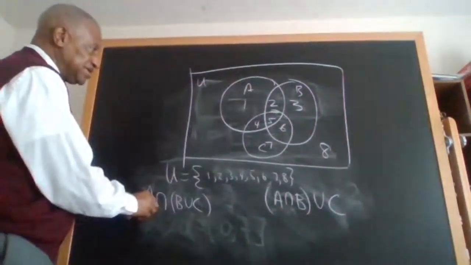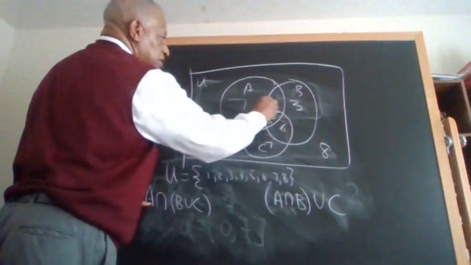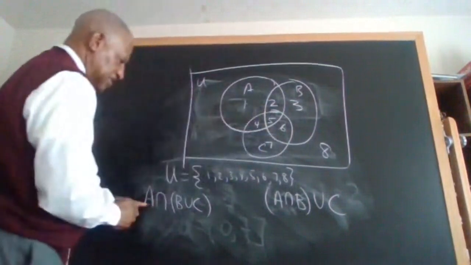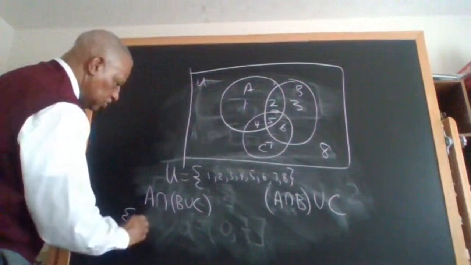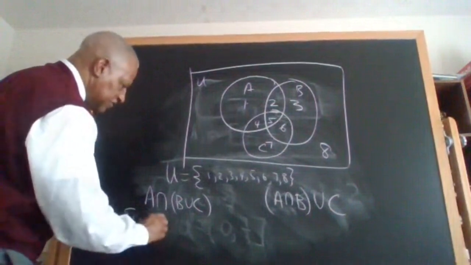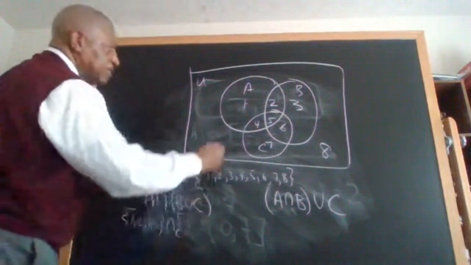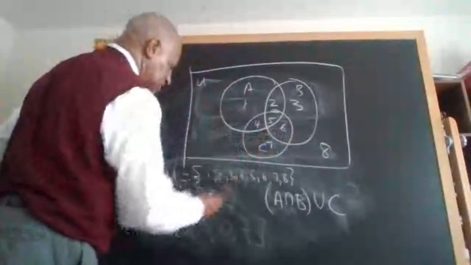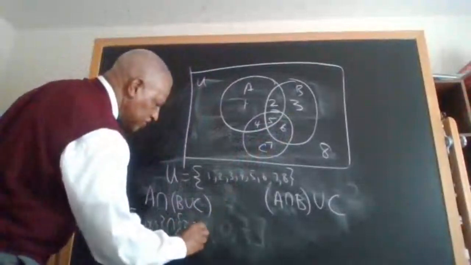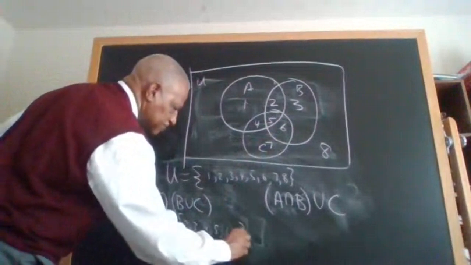So what's in the set A? 1, 2, 4, 5. Intersect that with what's in B union C. B union C is 2, 3, 4, 5, 6, and 7.